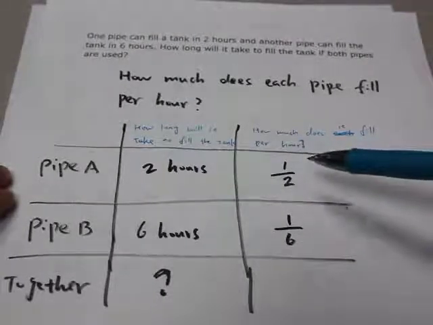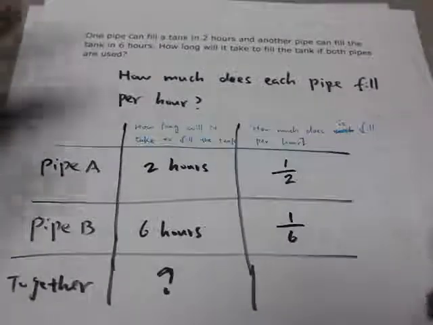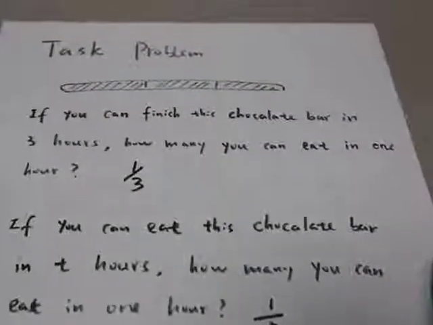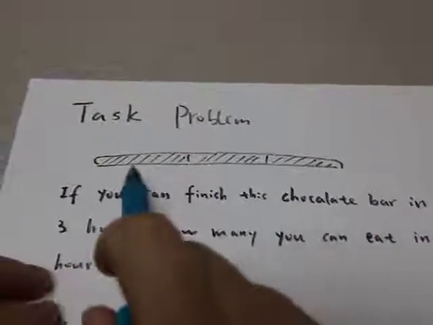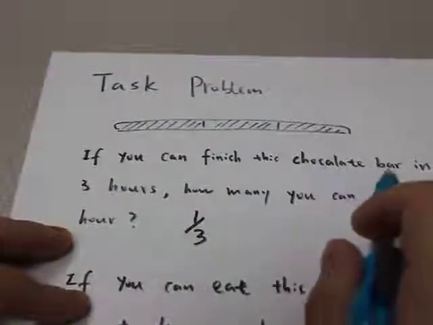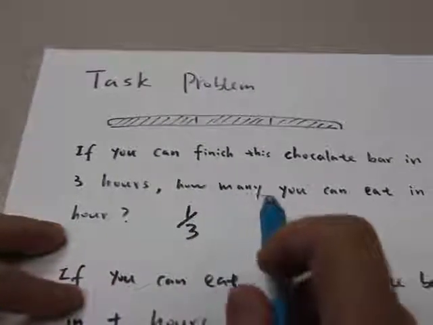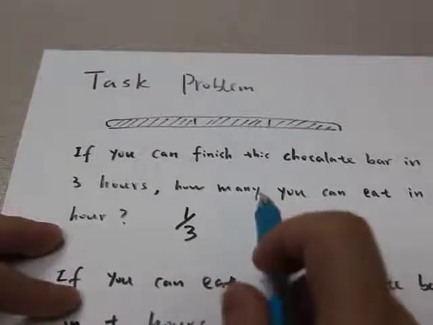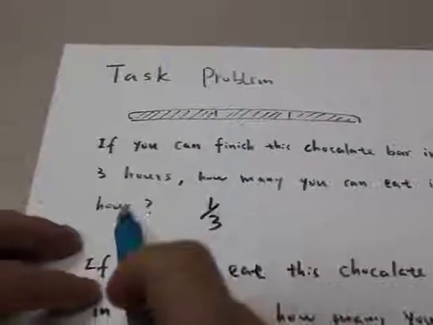Now, if you don't understand why these numbers are like this, let me use this example to explain it. Suppose there is a chocolate bar, and you can eat this chocolate bar in 3 hours, and we wonder how much of this chocolate bar you can eat in 1 hour.